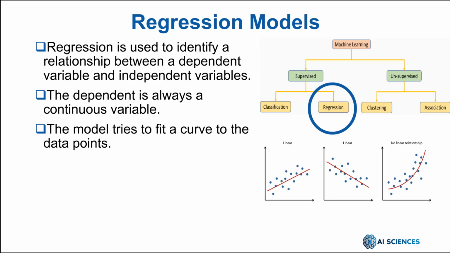So in regression, the target is always a continuous variable, and the predictors can be continuous or discrete in nature. Regression is best used for finding causal effect relationships between the variables, forecasting, time series modeling, etc. In regression analysis, the model tries to fit a curve to the data points in such a manner that the difference between the data point and the curve is at a minimum.